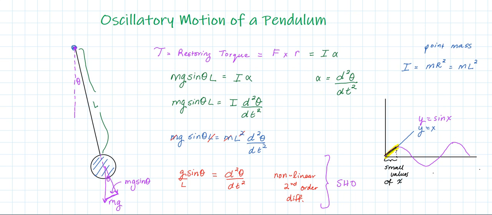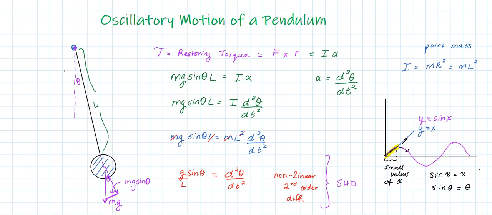So what I could say then is that the sine of x is really just equal to x at those small values, or we could change that to the sine of theta is really just equal to theta, or the displacement for those small values. Now, as soon as we start to diverge here, we see that we can no longer have that linear approximation.